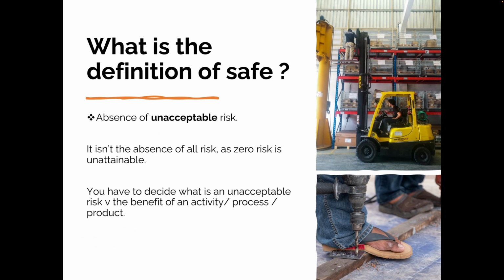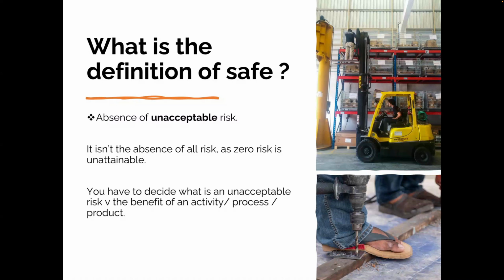In this slide, the guy on the forklift truck, on the shelves, obviously feels the benefit of using the forklift truck outweighs the safety implications of falling off and breaking his leg. Ditto the guy in the bottom slide, who obviously feels it was an acceptable risk to drill through some metal into some wood with no safety shoes or any sort of protective equipment at all.